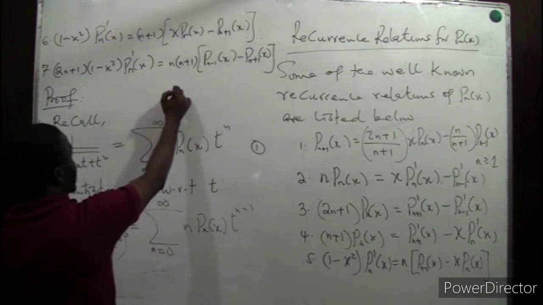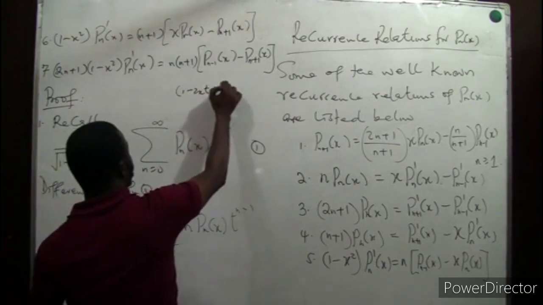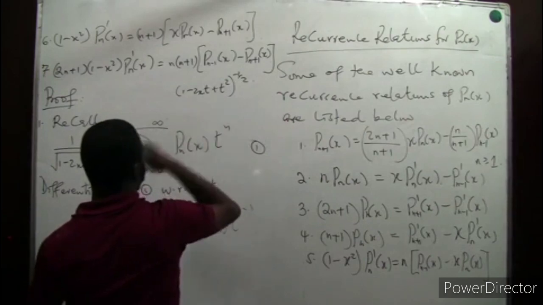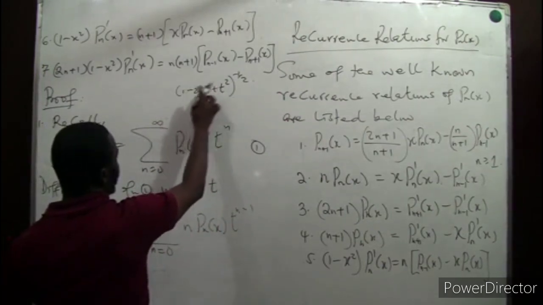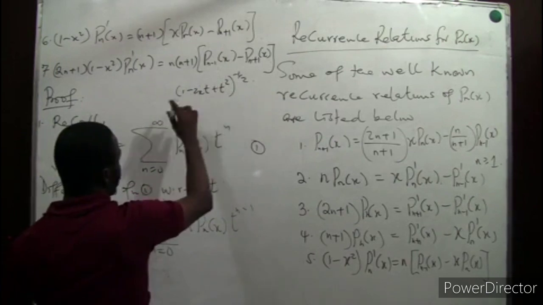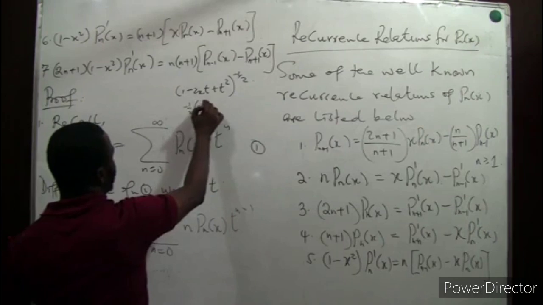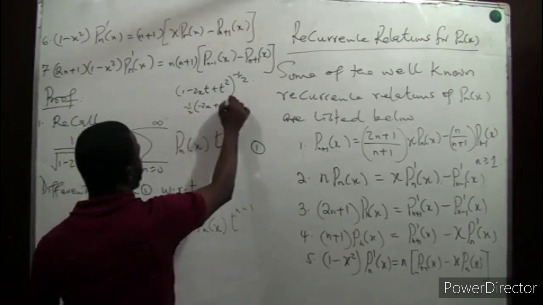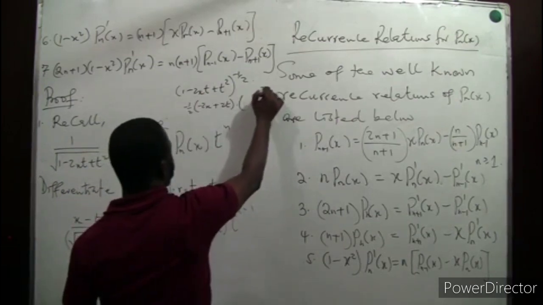We have that as 1 minus 2xt plus t squared raised to power minus half. If I differentiate this, we differentiate with respect to the power and differentiate what we have inside the bracket. So that becomes minus half into minus 2x plus 2t, everything inside that bracket raised to power minus 3 over 2.